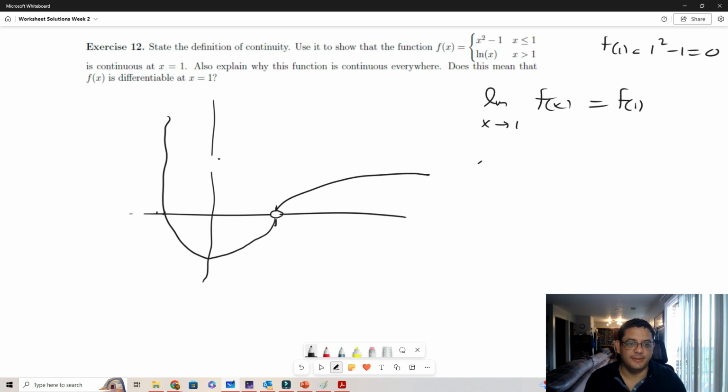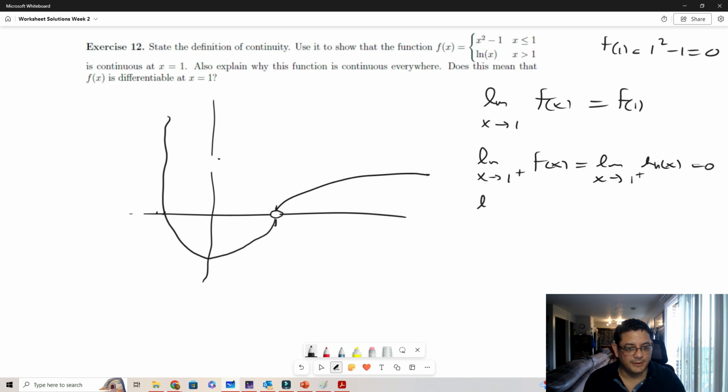And now the limit from the right side of f of x is the limit when x goes to 1 of log of x, and that's 0.